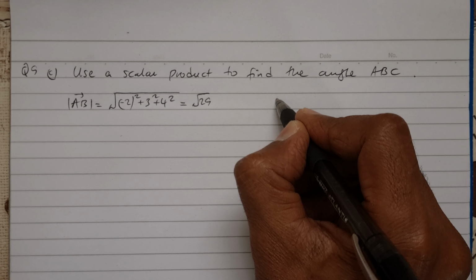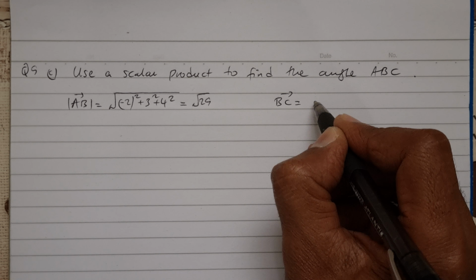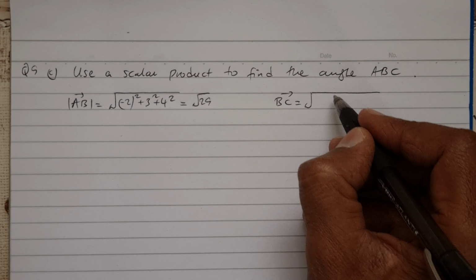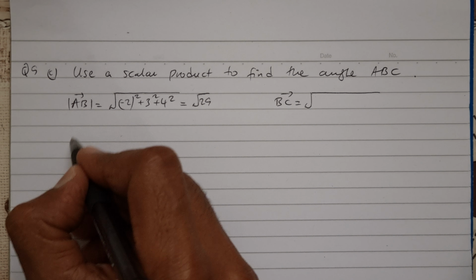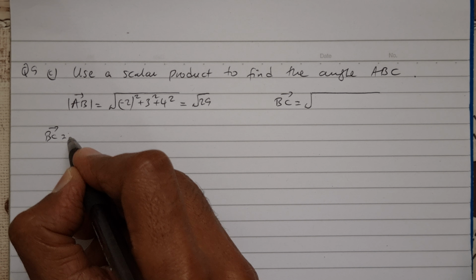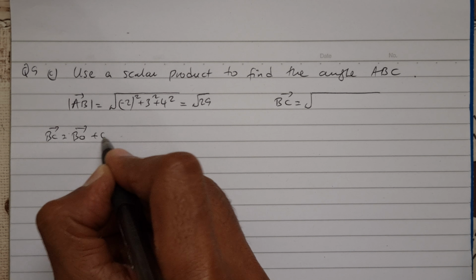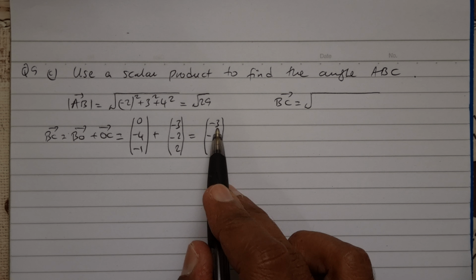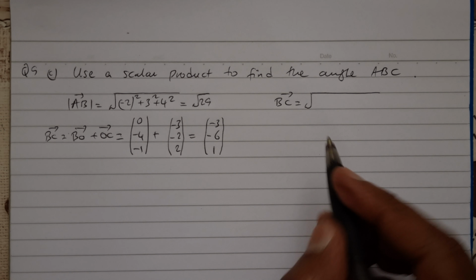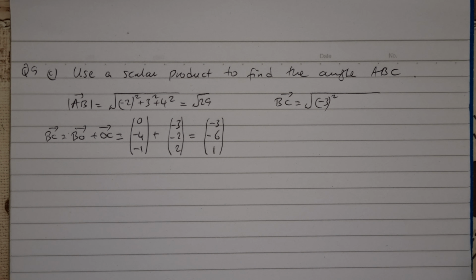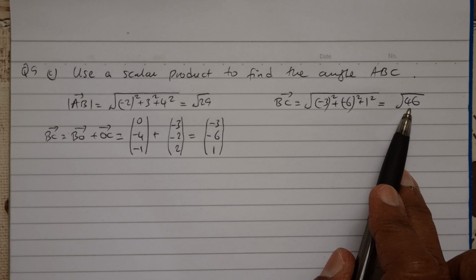Similarly, I'm going to find the modulus of vector BC. BC turns out to be BO plus OC, that is (-3, -6, 1), leading to square root of 46.